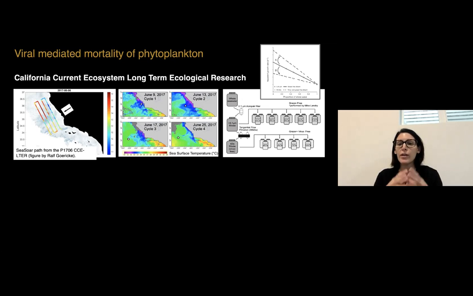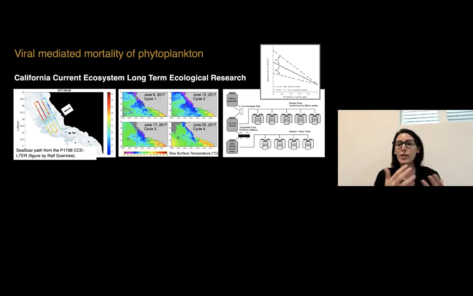Very basically, when you're out there, you take whole seawater and you filter it, and you get different size classes of organisms, and then you start to dilute out the whole seawater. If you start at 100% and you move to 20%, you're diluting out the grazers or viruses and pretty much the whole community at those levels.